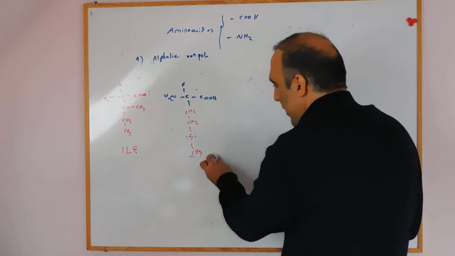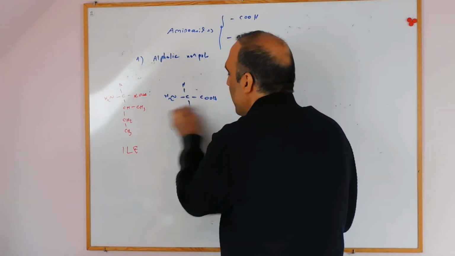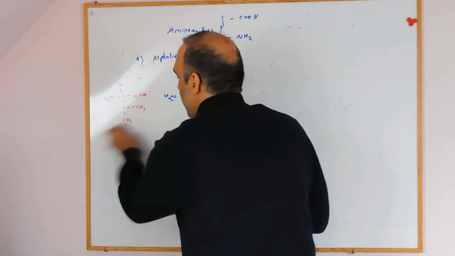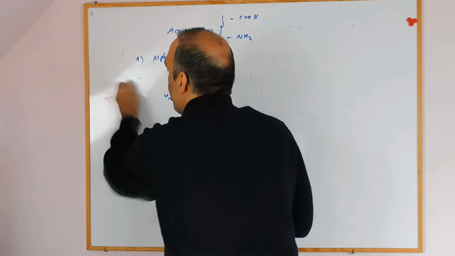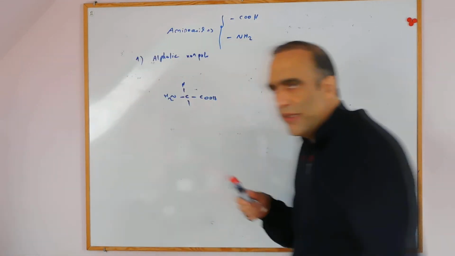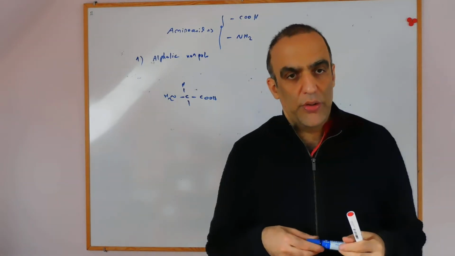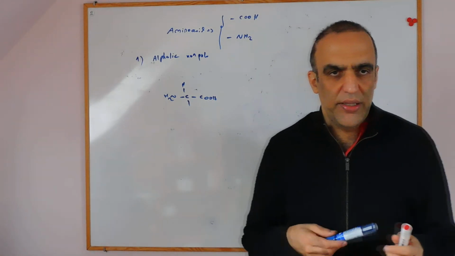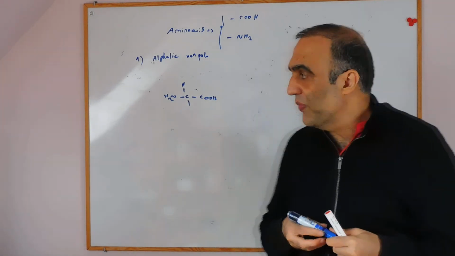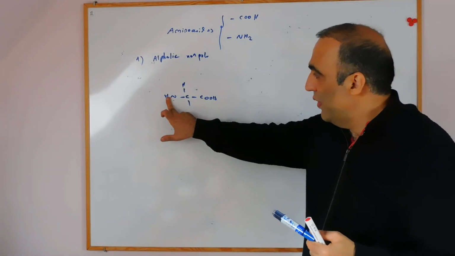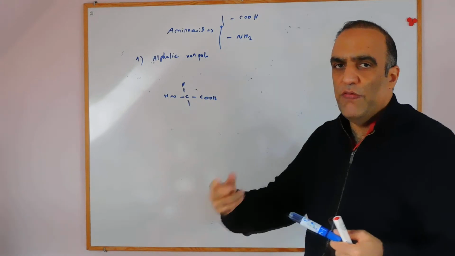Also, before we finish aliphatic, there is proline, which I spoke about. It is a secondary amine group, a secondary amino acid. As you see here, this amine group binds two carbons.